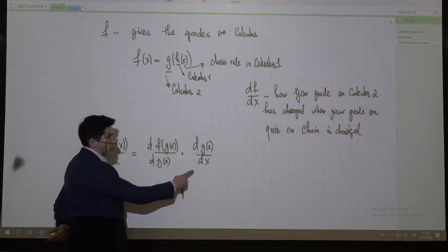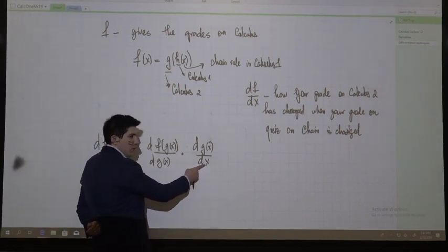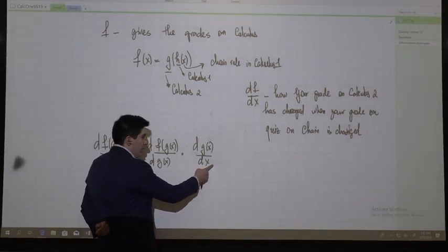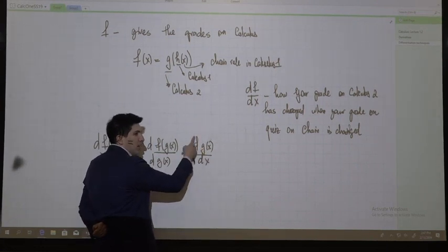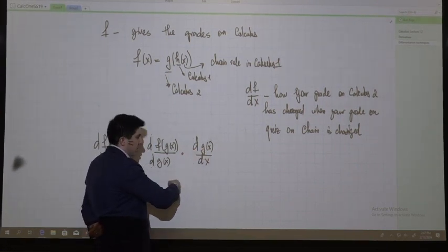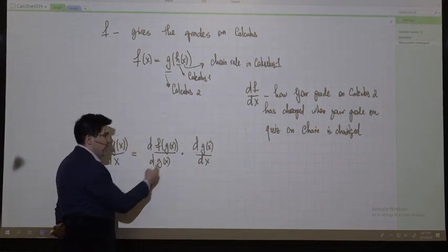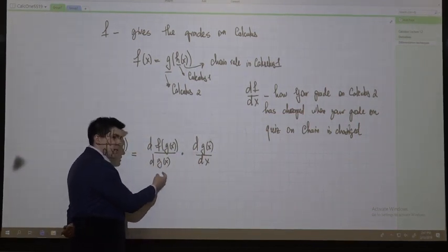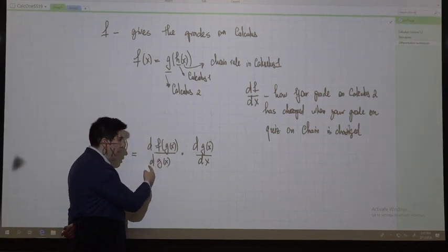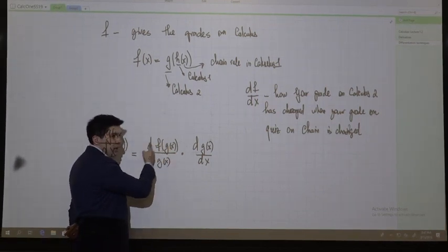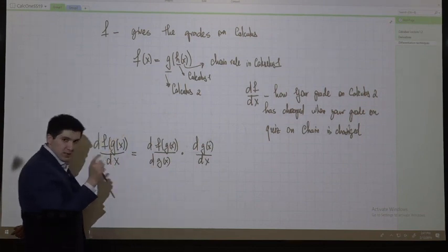For example, if your quiz result on the chain rule becomes 20% better, then how much is your Calculus 1 grade changing? For example, for 10%, you will find this. And now, if because of this quiz the grade of Calculus 1 changes, how much is your Calculus 2 grade changing? You understand what we want?